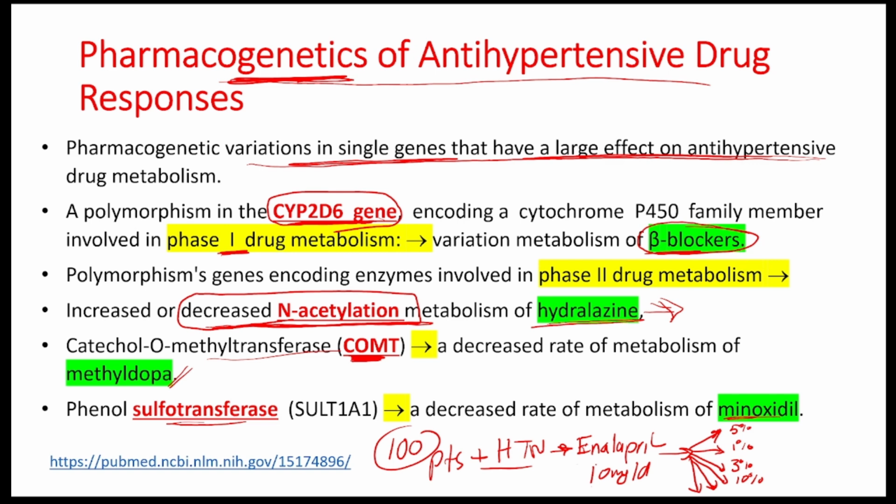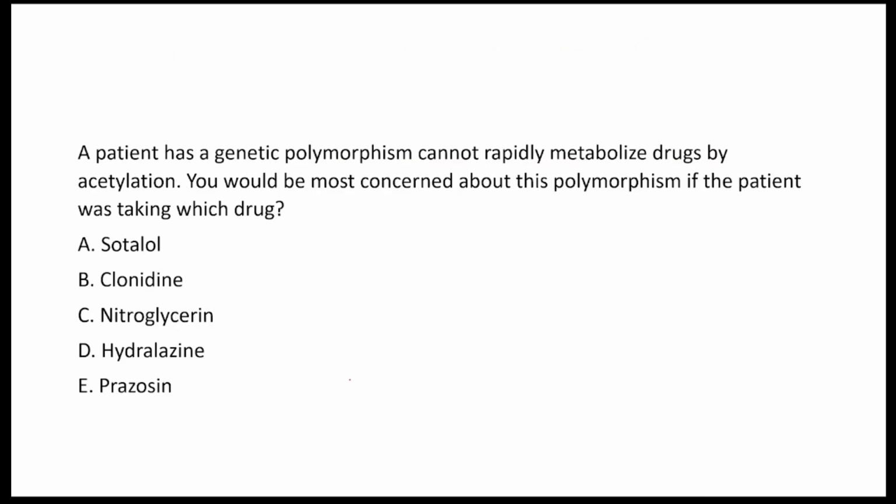That's important. So when you have a case where the patient has an abnormality in the 2D6 gene, which drug will be affected? Beta blockers. N-acetylation decreased, which drug will be affected? Hydralazine, and so on. Okay, a patient has a genetic polymorphism and cannot rapidly metabolize drugs.